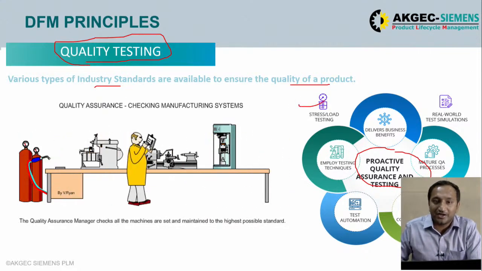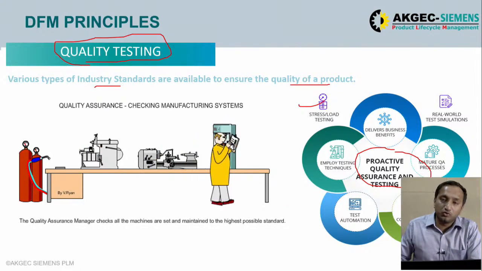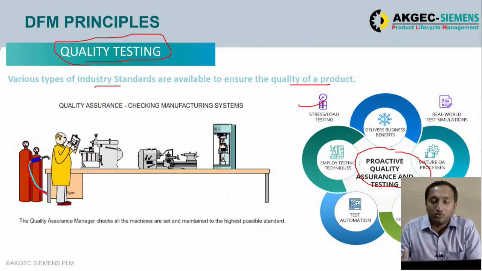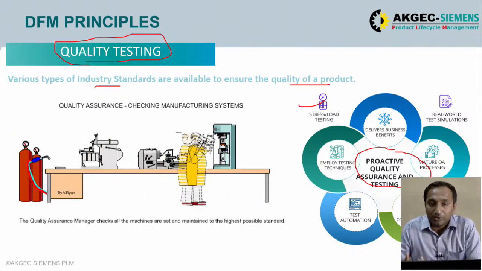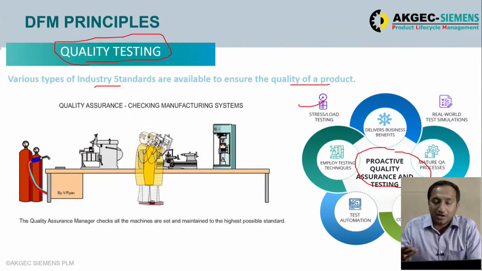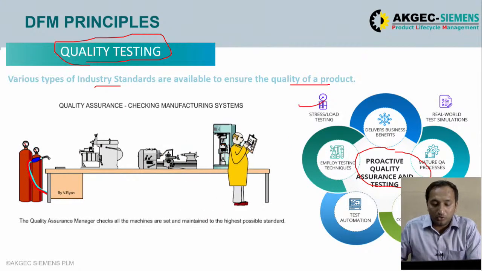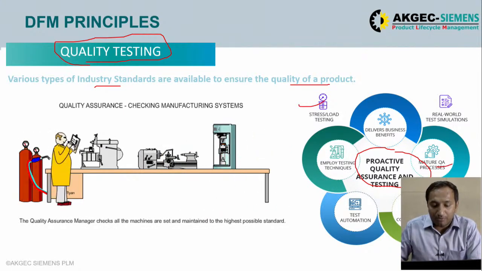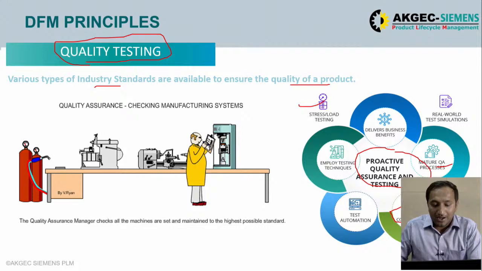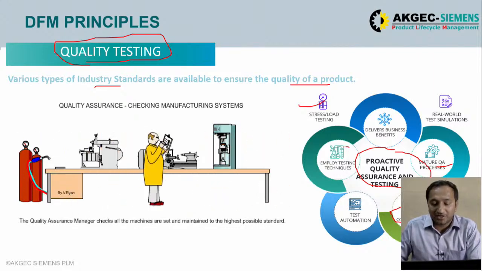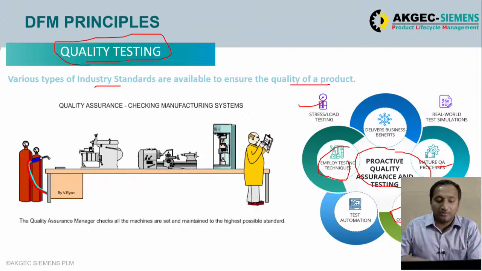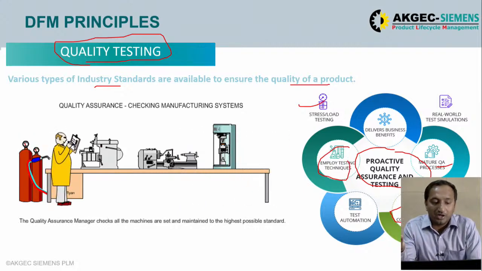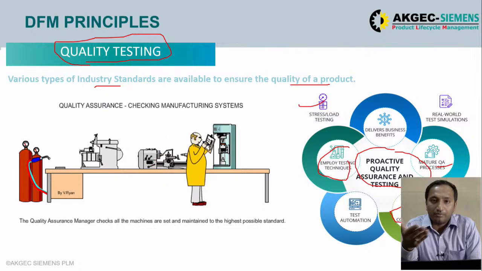There are real world test simulations which you can use to see whether your product will be useful and whether it will be able to bear the environment when it is out in the open for people to use. There are questionnaire processes, end user collaboration, automation testing, and employee testing techniques. So these are also very important to check the quality of a product which you are manufacturing.